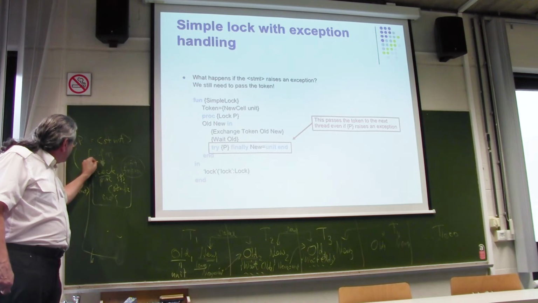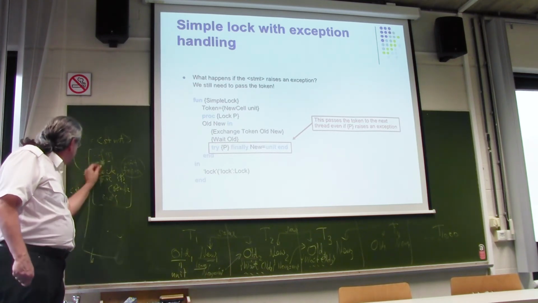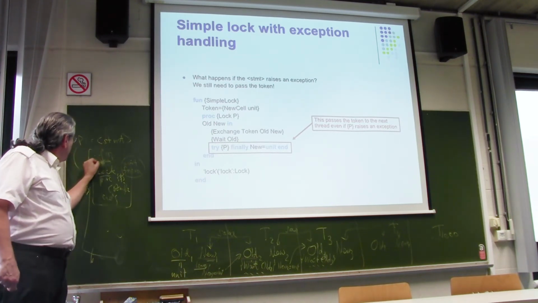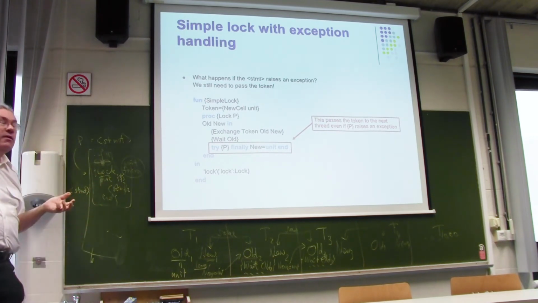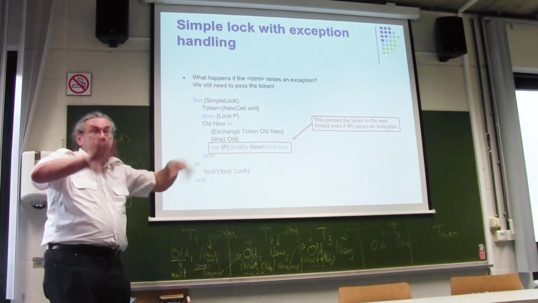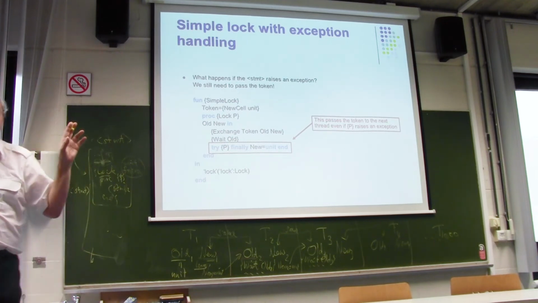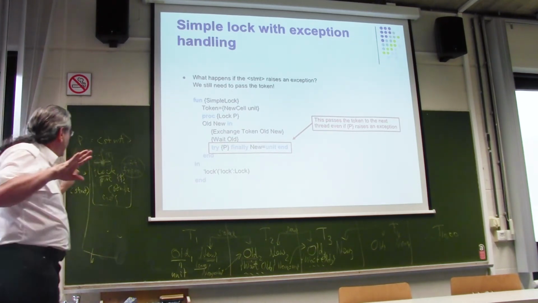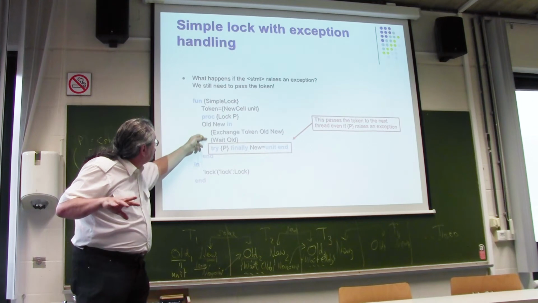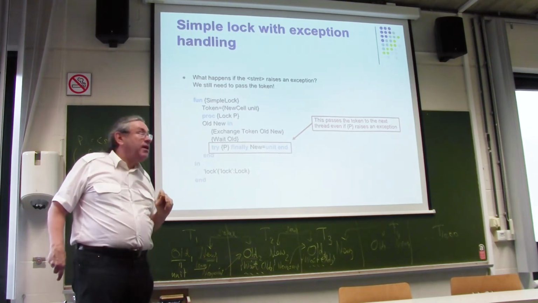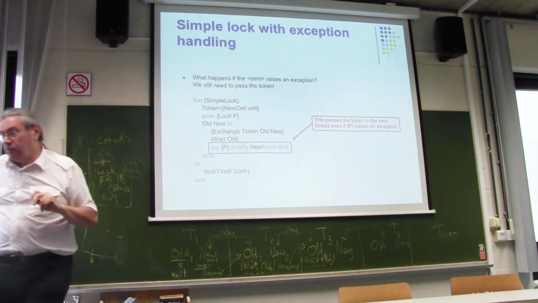So you actually have to add a check here at the boundary whether you're already in. And if you are, you just keep going. You forget about the token. So it's actually not that hard if you understand how it works. You just don't have to do any token stuff if you're already in the lock.